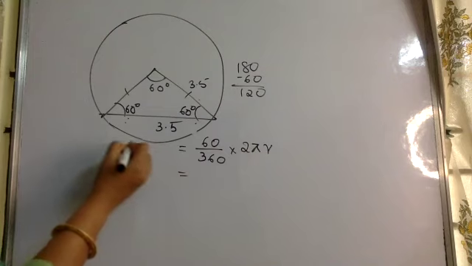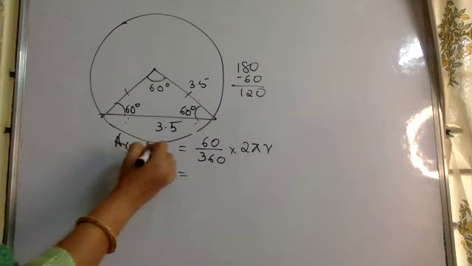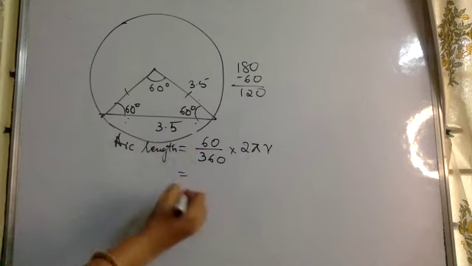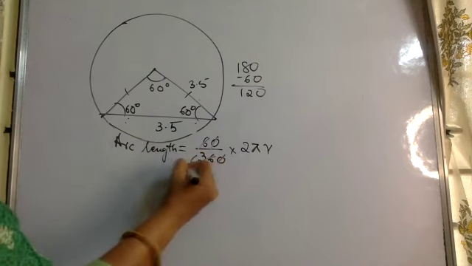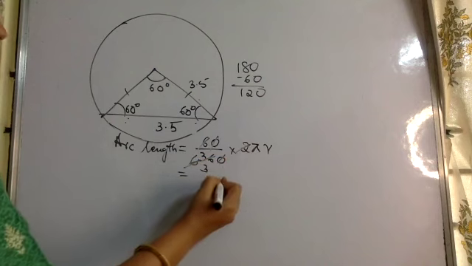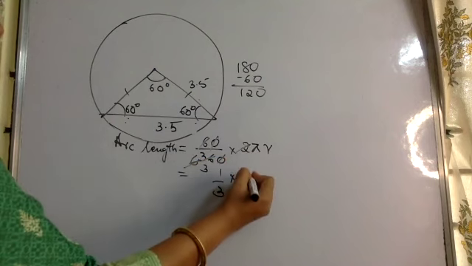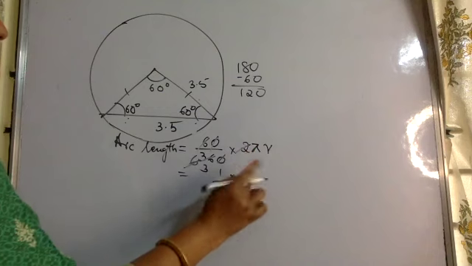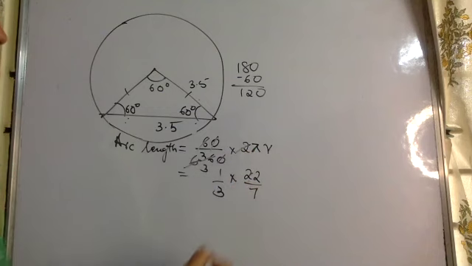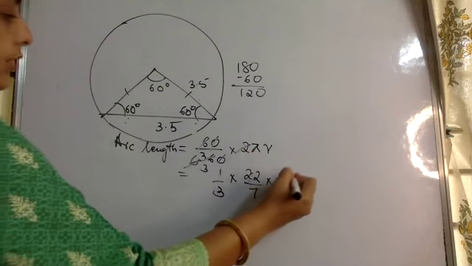This is the arc length. So cutting this, 6 and 3, we get 1 by 3 into 22 by 7 into 3.5.